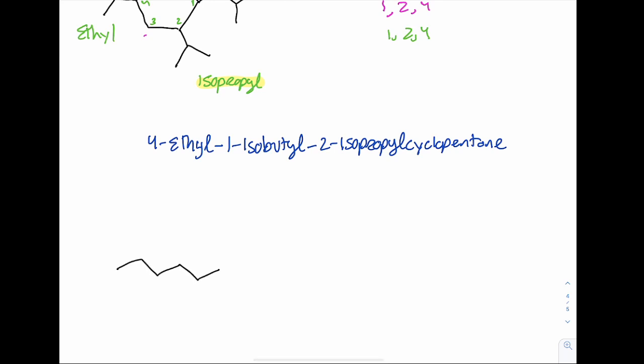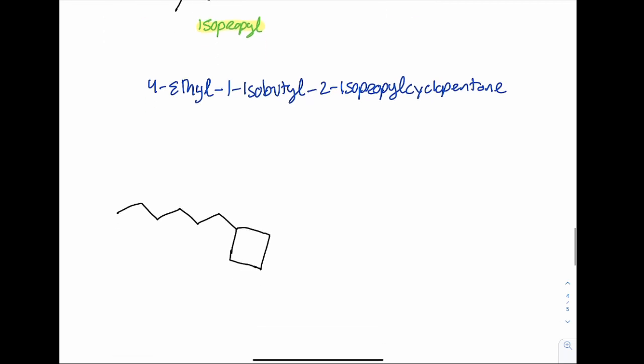So another example. Let's do 4. So this is going to be one of our exceptions where our ring is not the parent. So if I look at my ring, I have 4 carbons in my ring, right?